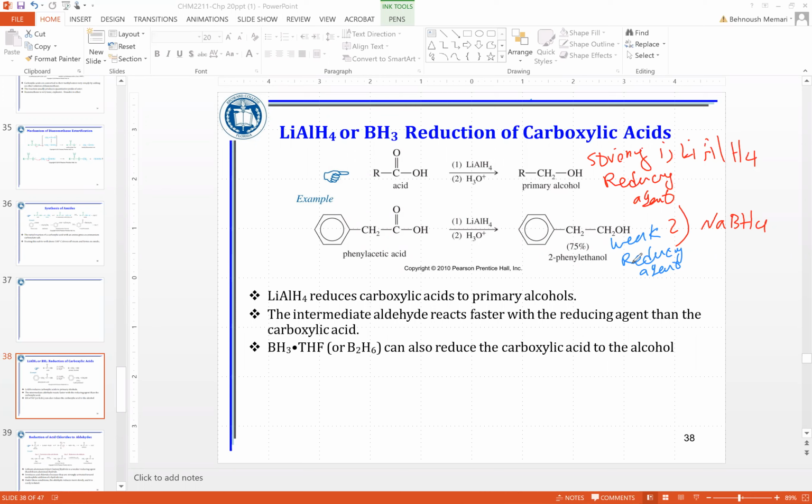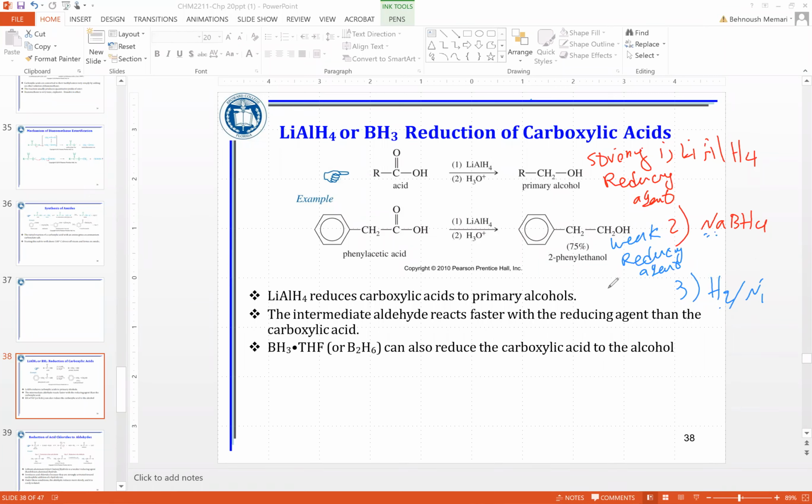Clemmensen reduction is a strong reducing agent, but they were specific. They were used to change the CO double bond to CH2. And then you have also H2 with nickel or palladium. So these can be used in any reaction. It depends on whether you need weak or strong, and if you want to keep the CC double bond, alkene or alkyne, you would use a weaker reducing agent. If you use H2, it would saturate all unsaturated bonds.